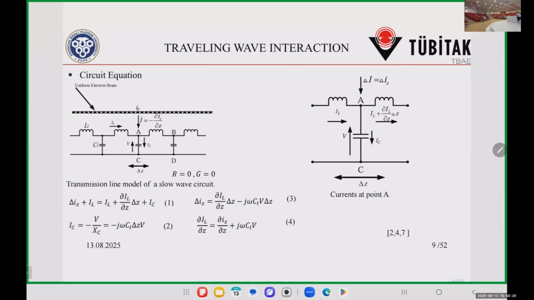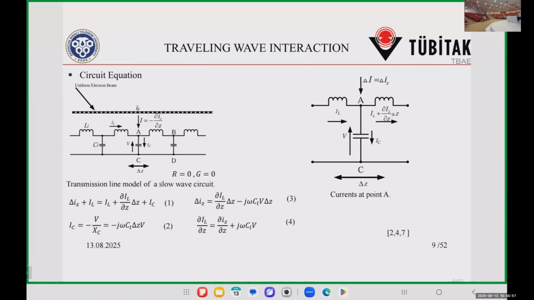So we can say here the axial component of this, Iz, can affect this circuit at point A, and we can say capital I equals minus dIz divided by dz. We can write it.